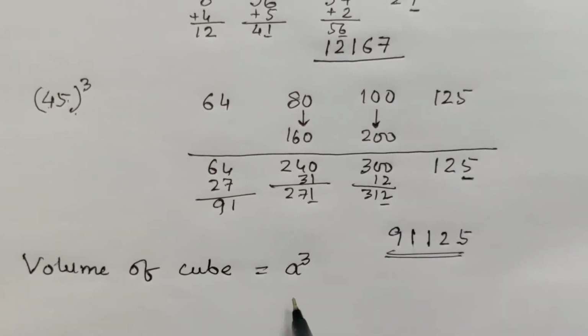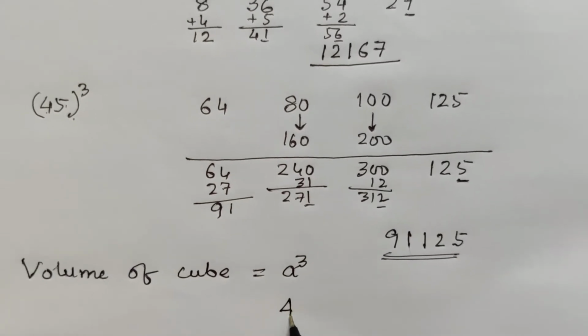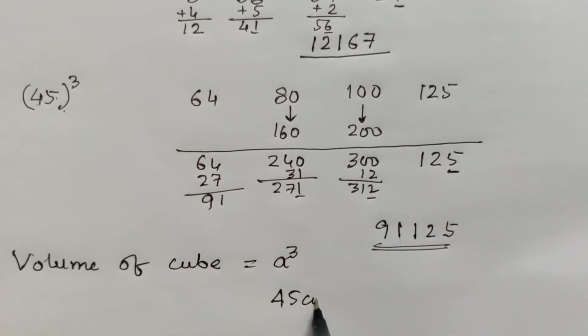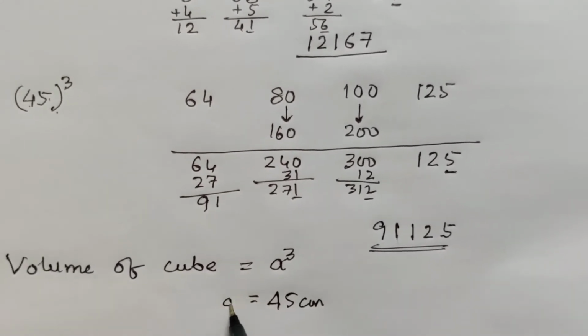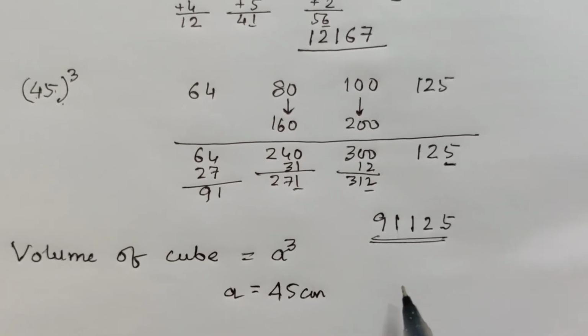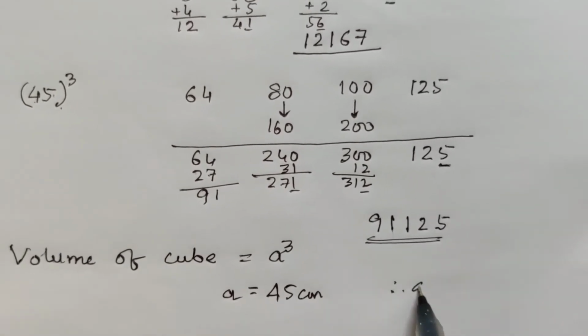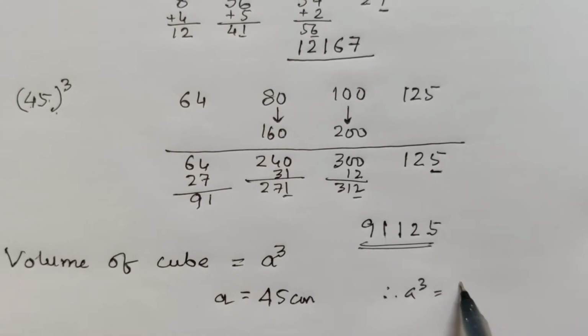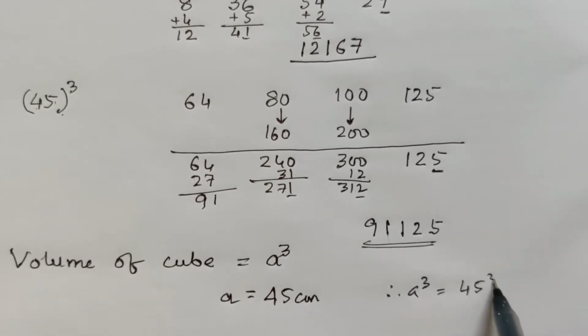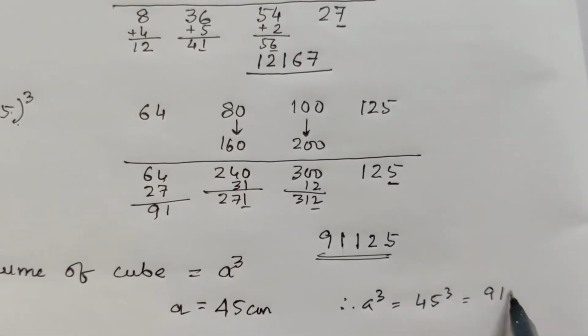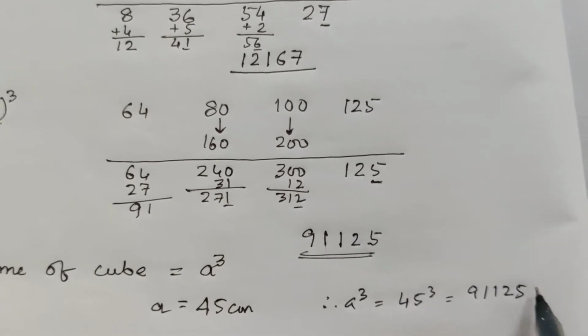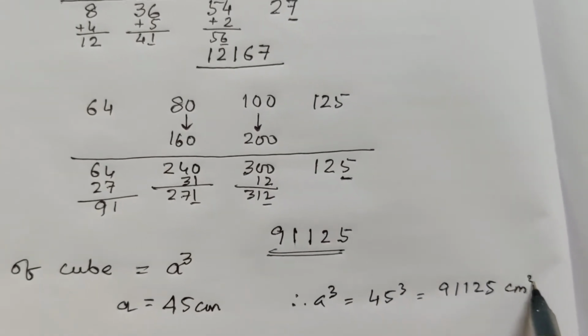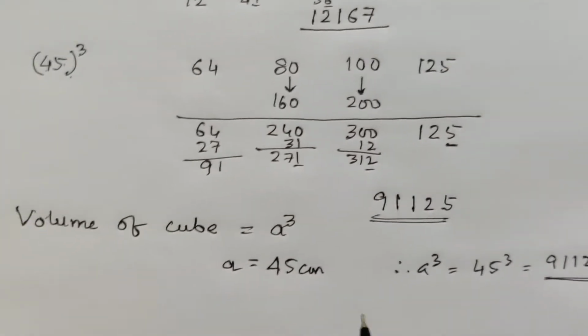Now suppose if side is given as 45 centimeter, you can easily find out this. Therefore a cube is equal to 45 cube, that is 91125 centimeter cube. This will be the answer.